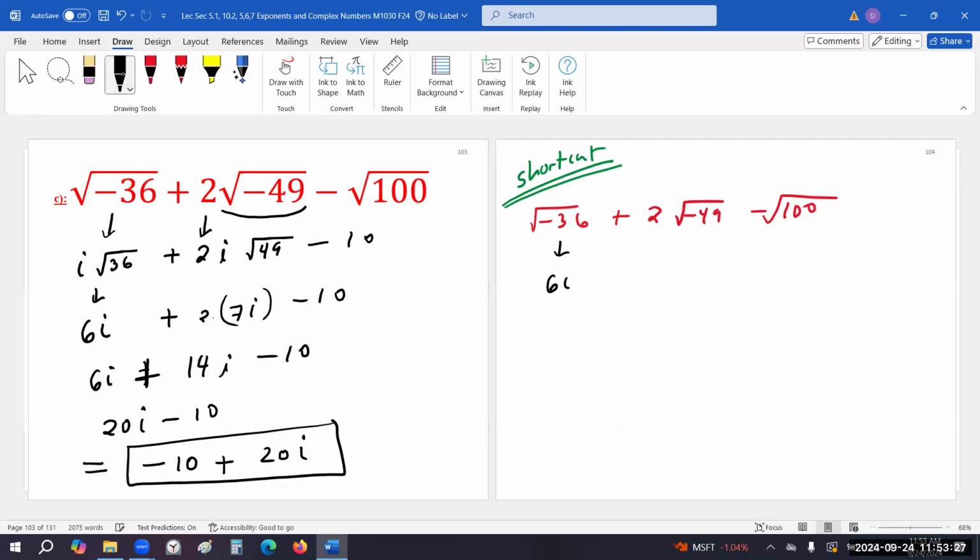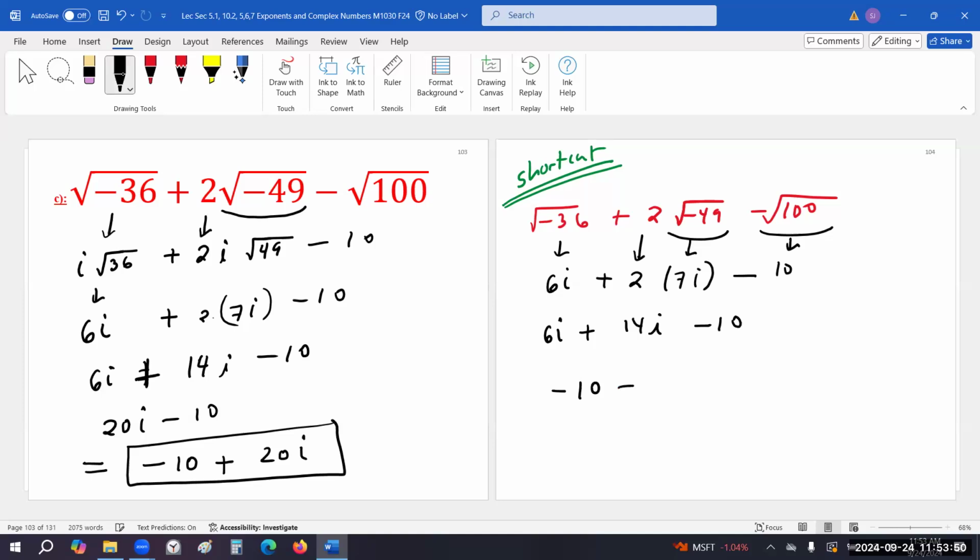From here, we know it gives us 6i. If you know already, you can simply write 6i. You bring down the 2. From here, we get 7i. And this gives us 10. So 6i, 14i, and 10, that gives us negative 10 plus 20i.